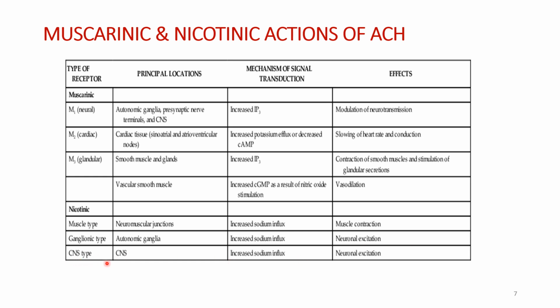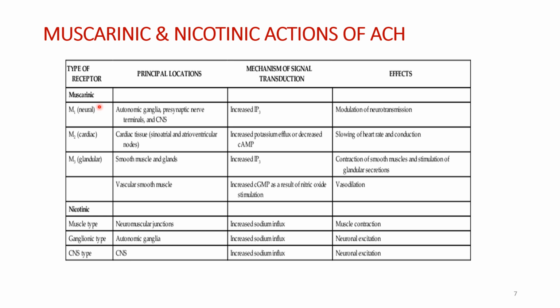Coming to the central nervous system, it also causes increased sodium influx, leading to neuronal excitation. So nicotinic receptors are present at three sites: the muscle at the NMJ, the autonomic ganglia, and the CNS. In all of these, they increase sodium influx and cause excitation of the postsynaptic neuron or skeletal muscle fiber. So nicotinic receptors are ionotropic receptors.